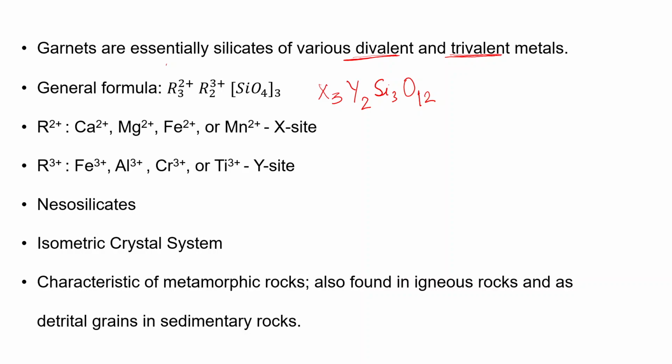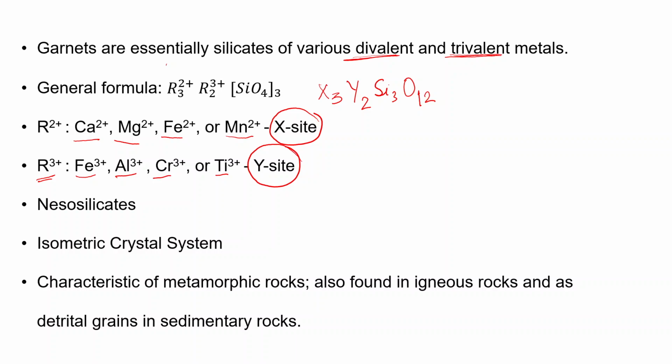So the divalent ions, which reside in the X site, are normally calcium, magnesium, ferrous, and manganese, while the trivalent ions are ferric, aluminum, chromium, and titanium, which reside in the Y site.